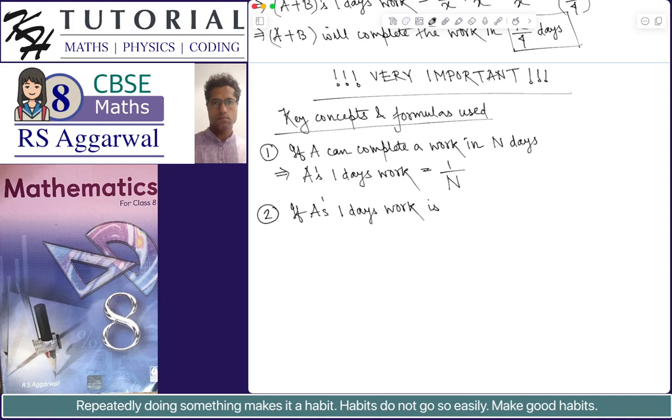So if A's 1 day's work is 1 by n, will imply A alone can finish the work in n days.